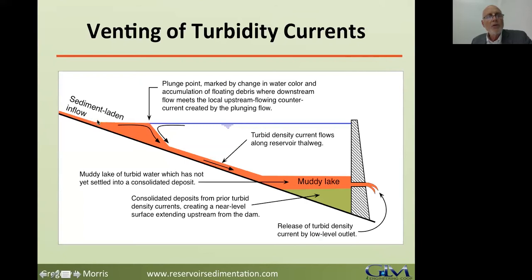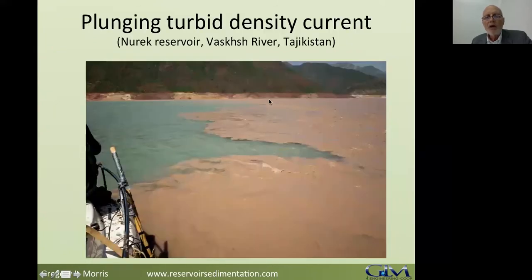So if the reservoir is carrying any debris or logs downstream, you will have a collection of debris at that point. This didn't have debris, but you can see very clearly the reservoir between the clear water and the dark, sediment-laden water on the right-hand side, flowing from the right towards the left and plunging to the bottom of this reservoir, and it will go now for another 30 kilometers down to the dam.